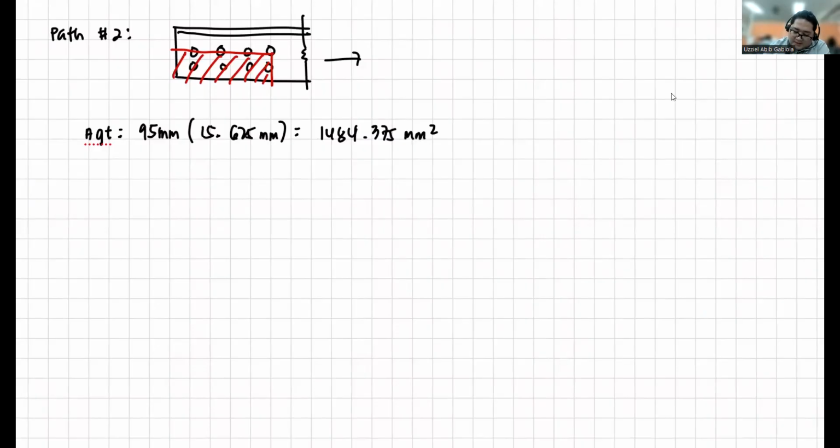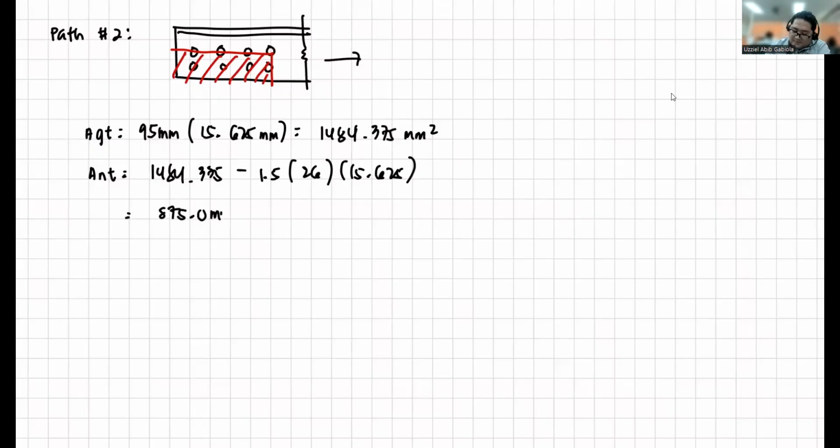Okay, that is our AGT. ANT now, how many holes now? We have 1 hole and then half at the top, so it is 1.5 now. So 1484.375 minus 1.5 times 26 times 15.625. That is 875 mm squared.